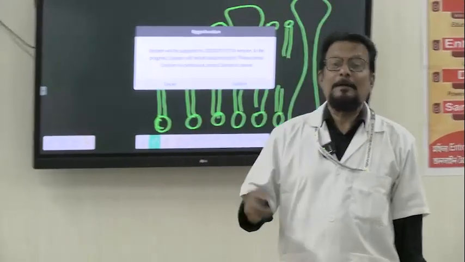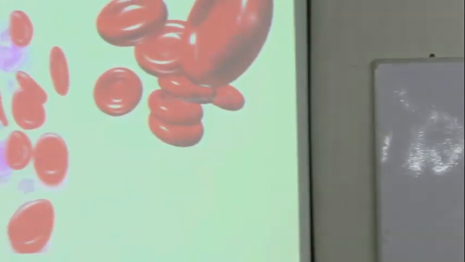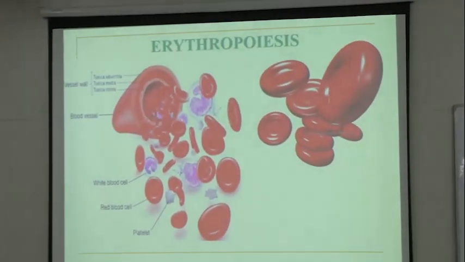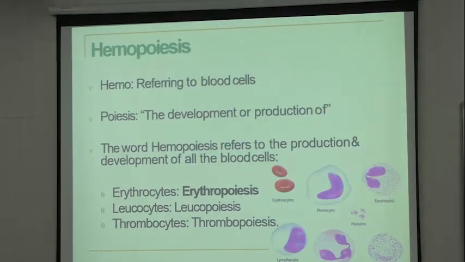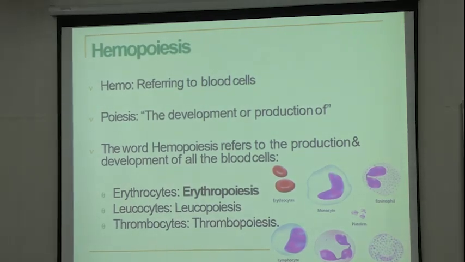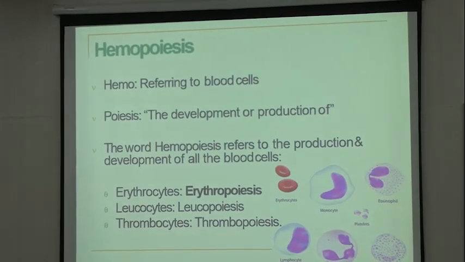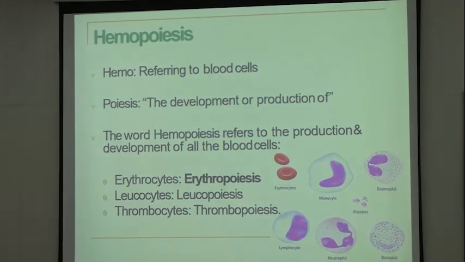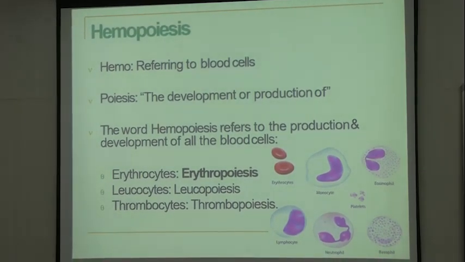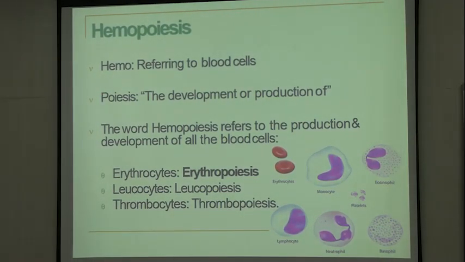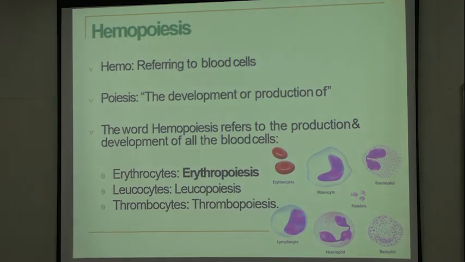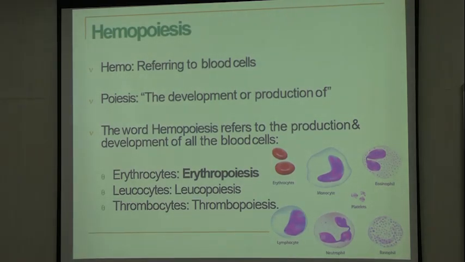Not only this, it has some other functions. So you have seen this many times. Our purpose is erythropoiesis, to learn. Whatever I taught since the beginning, every point is important, so try to remember those points.